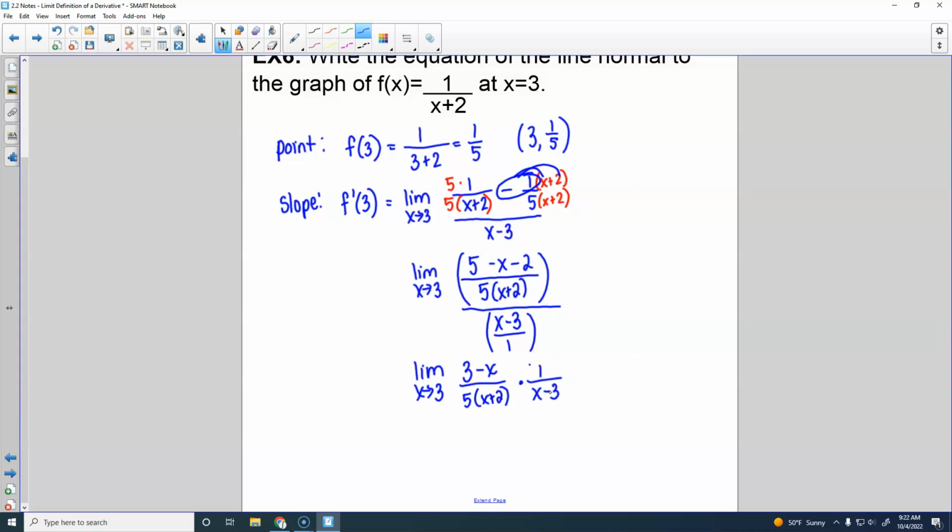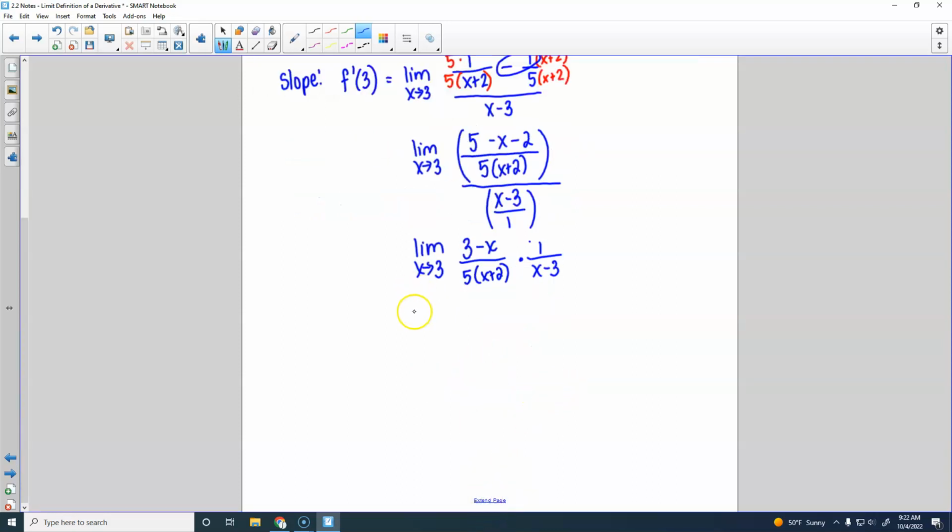Does anything cancel? If I take a negative out of this term right here, then I'll have x minus 3 that can cancel. So I will do the limit as x approaches 3 of negative, x minus 3, that'll flip that around.